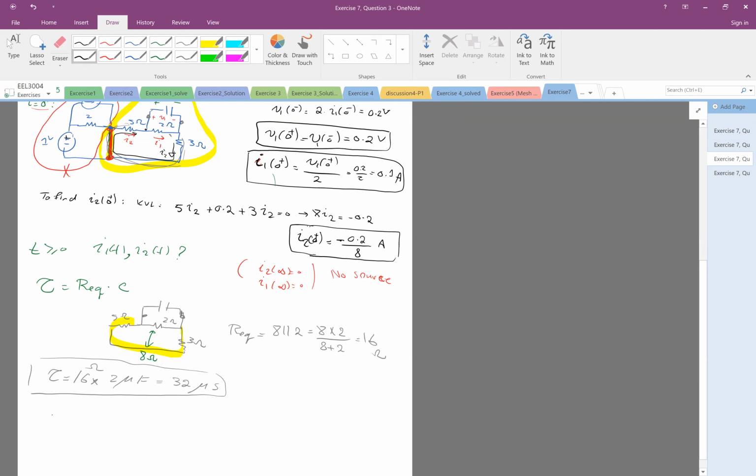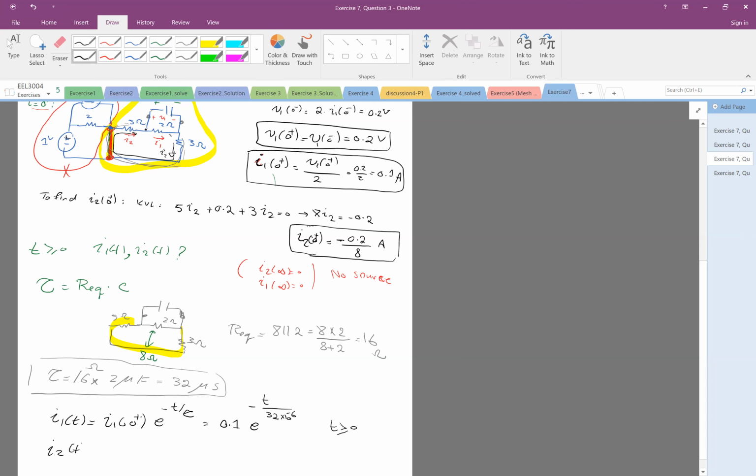Accordingly, I1(t) is I1 at 0 plus, again natural response, that's e to the minus t over tau. I1 at 0 plus is 0.1, e to the minus t over 3.2 micro, for t greater than or equal to 0.